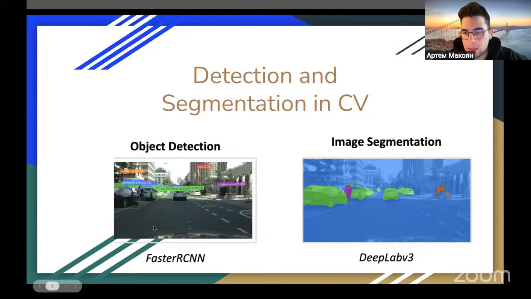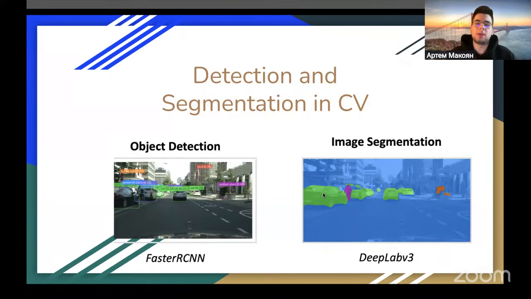On the other hand, when we talk about segmentation, we want more accurate results. So you can see that cars are detected, but not with bounding boxes, but with masks. So each pixel has a color.